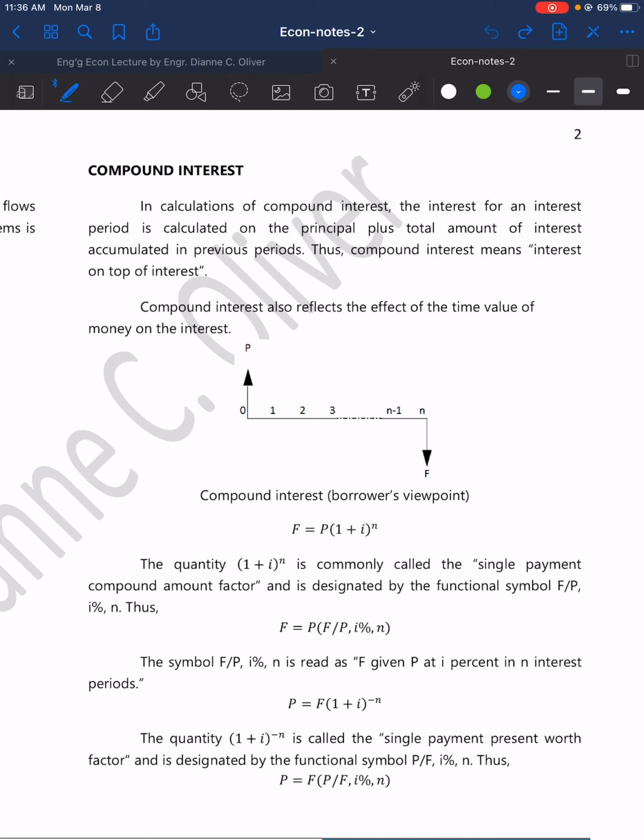The formula for compound interest is F equals P times (1 plus i) raised to n, where the quantity (1 plus i) raised to n is commonly called the single payment compound amount factor and is designated by the functional symbol F over P, comma, i%, comma, n. So this is the functional symbol.